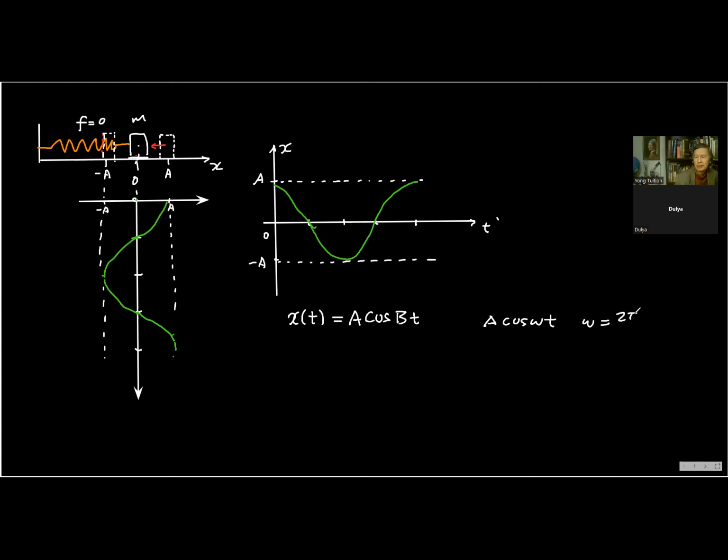Do you remember? If this is T, this is a half T. So the omega here, or b in mathematics, they still write this formula in this way. Do you know this formula? T for period is exactly one period.